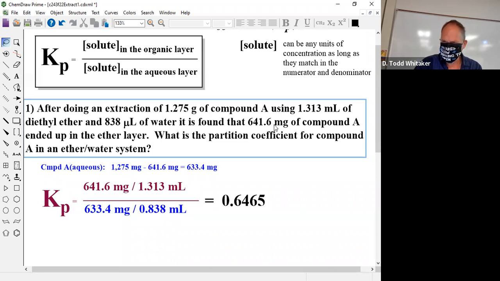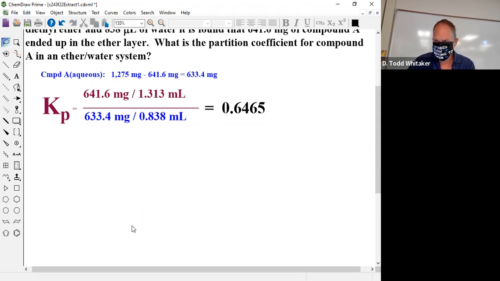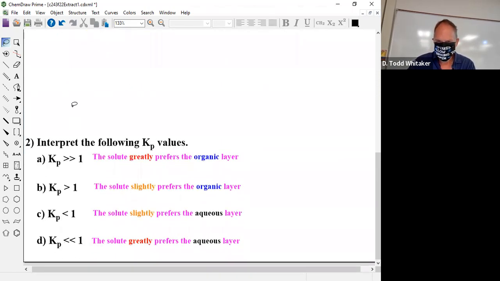It's about a 50-50 distribution, isn't it? And we got a lot more. No, I take it all back. We got a lot more organic solvent than we have water. And we got about a 50-50 distribution of solute. Makes sense. About 0.65.